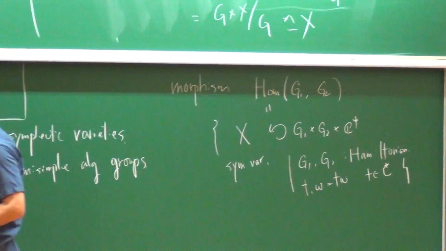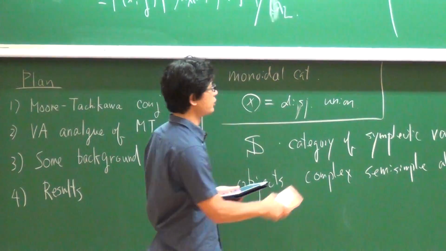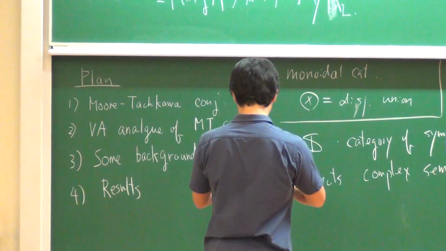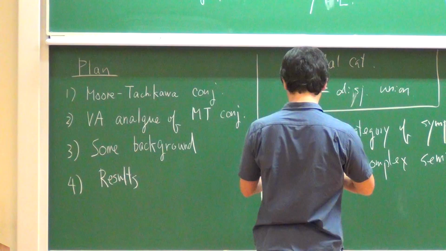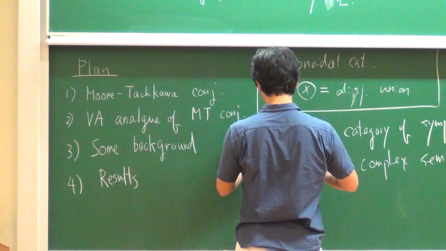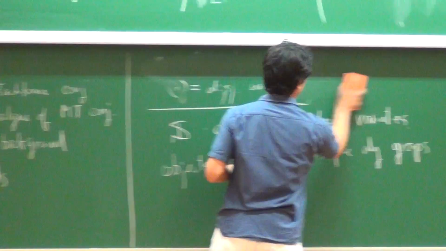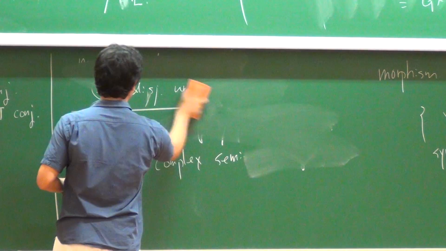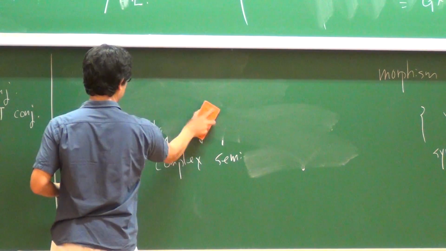So this is again a monoidal property, with the tensor product being just the product.